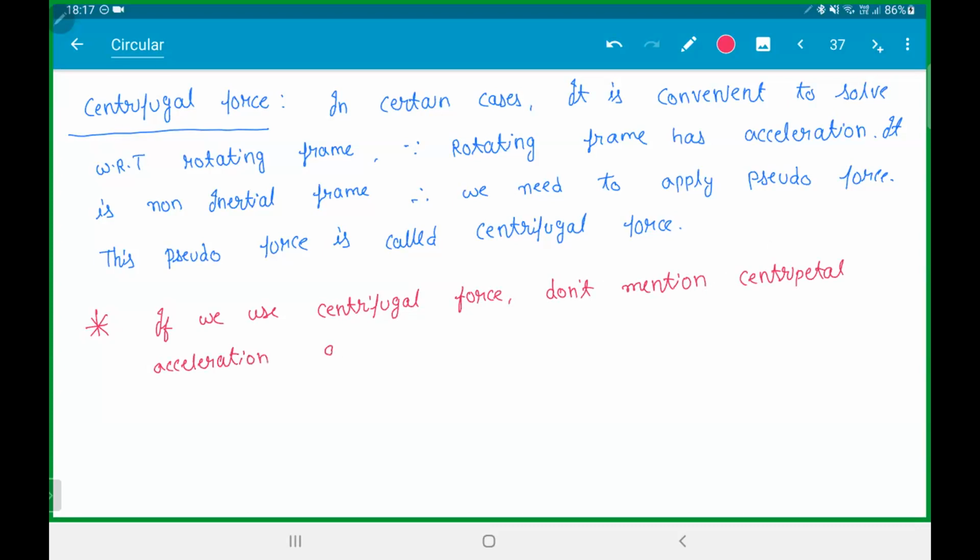And vice versa. If you use centripetal acceleration, don't talk about centrifugal force. So the confusion is, which one to use? Let me show an example. Should I use centrifugal force? Should I use centripetal acceleration? It will totally depend on you. The choice is yours. Let me show you how that works.